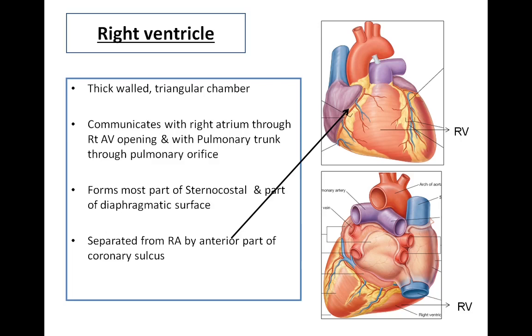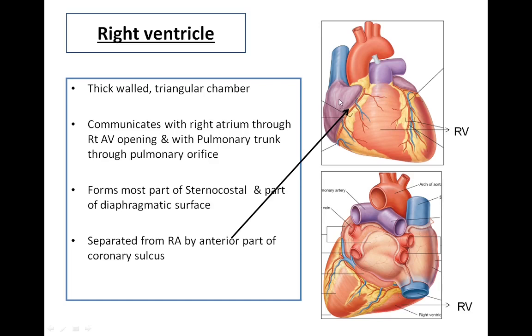That is, from the right ventricle blood goes out through the pulmonary trunk, and that opening is guarded by the pulmonary valve, and that opening is called the pulmonary orifice. Then the right ventricle forms most of the sternocostal surface and part of the diaphragmatic surface, the right one-third of the diaphragmatic surface.